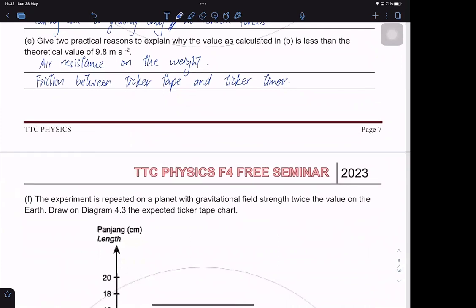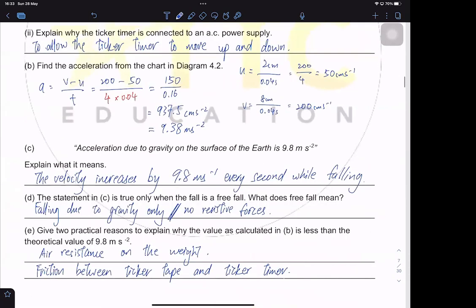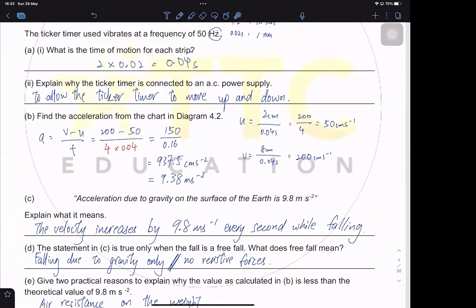Now, I'm going to repeat the experiment on the planet with a gravitational field strength twice the value of Earth. Meaning, when I do the experiment and calculate using the ticker tape chart, I should expect to get double this number.